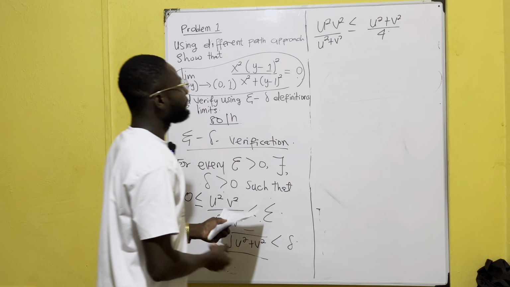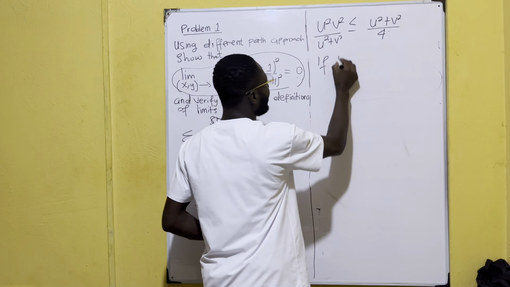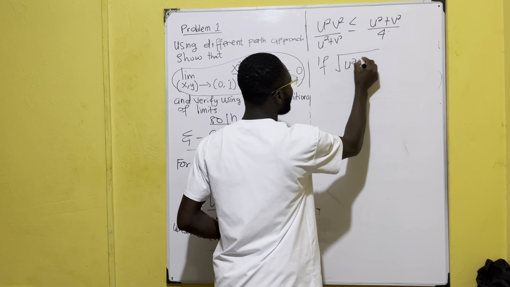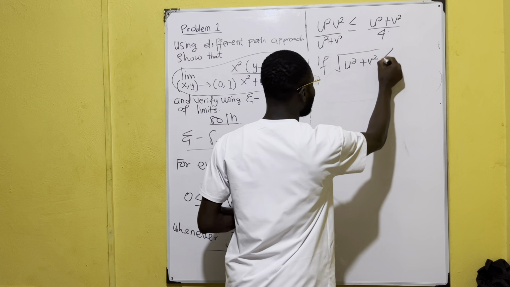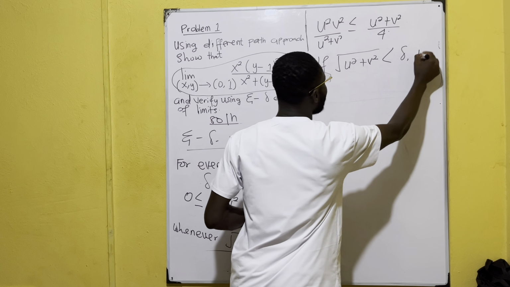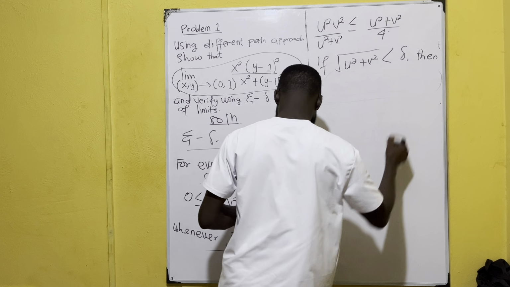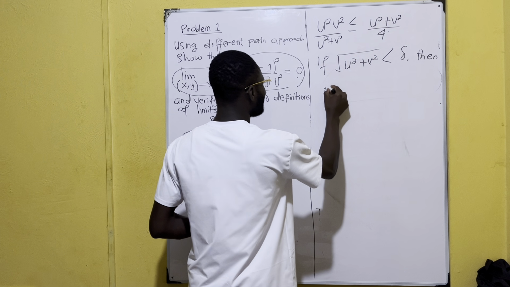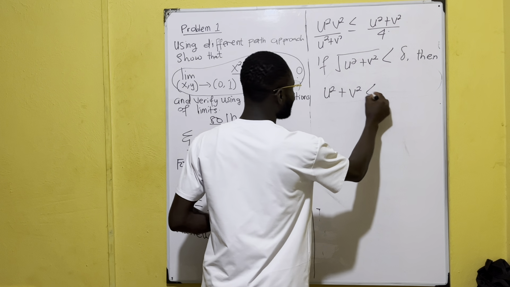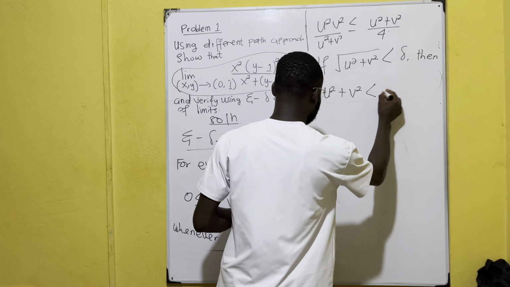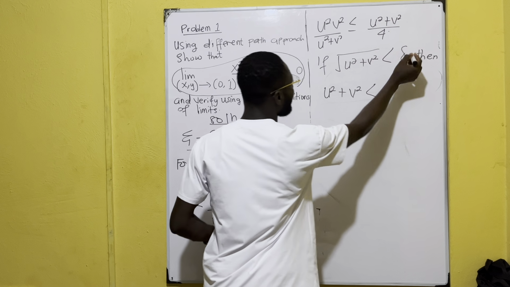Now, if the square root of u squared plus v squared is less than delta, then we can say that u squared plus v squared is less than the square of this.